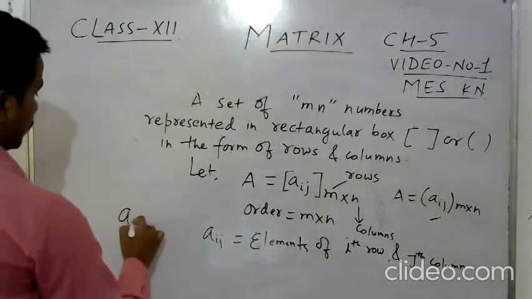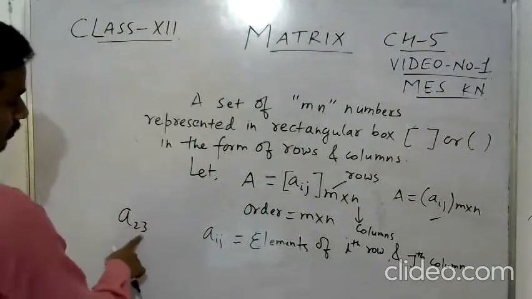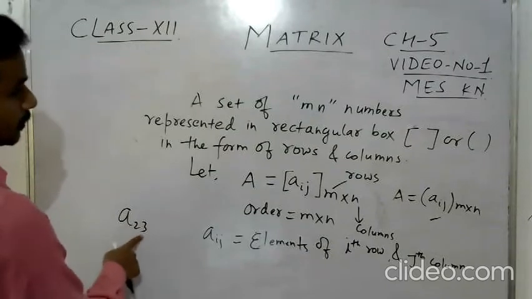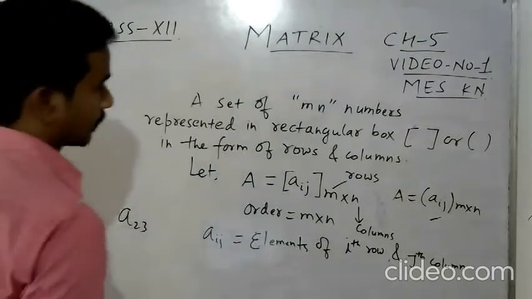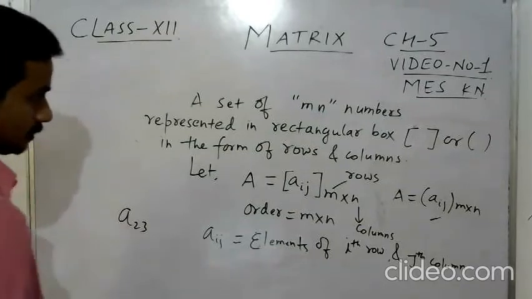For example, a23 means the element of the second row and third column. In this way we represent a matrix.